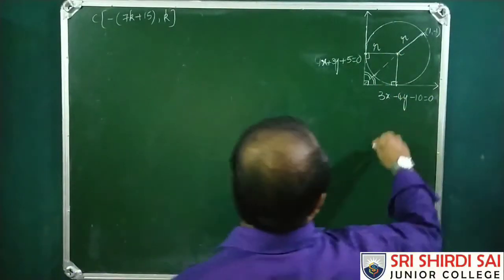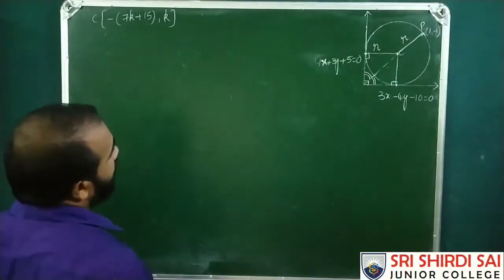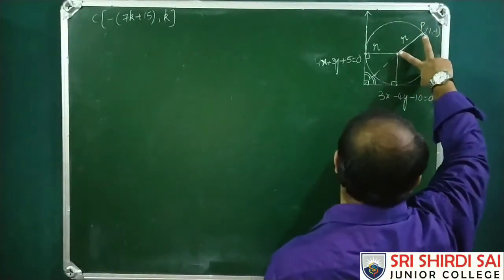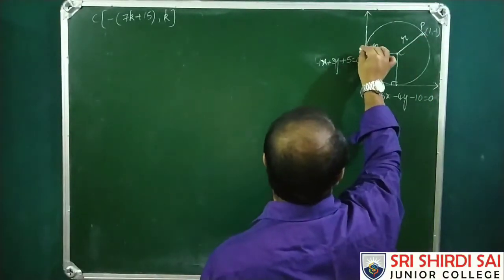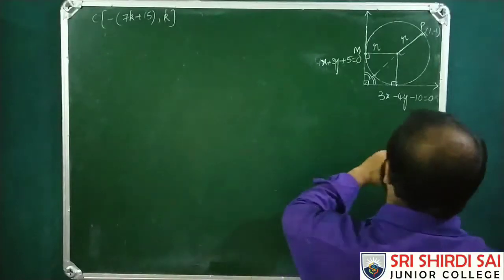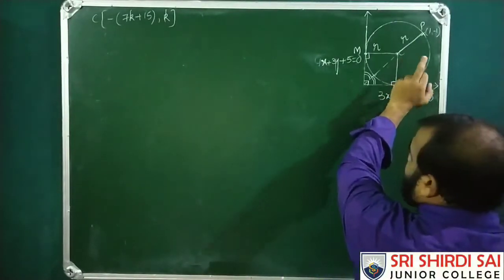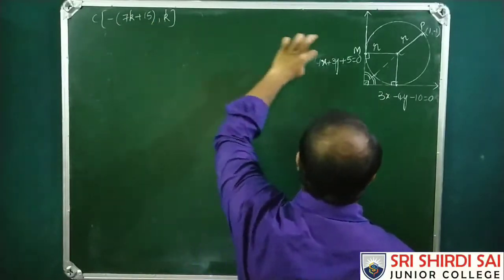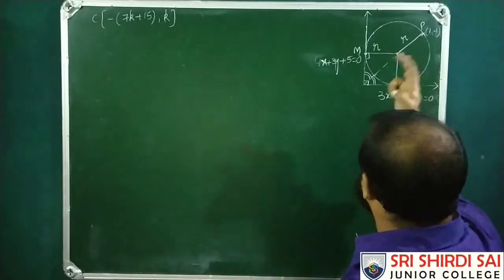So let us suppose this P. So CP, the distance between the 2 points, C, let us take this to be M. CM is the perpendicular distance from the center of the circle, what we got now, to the line. So this as well as this both represents the radius.